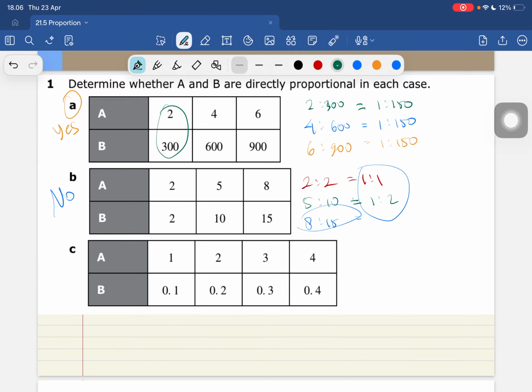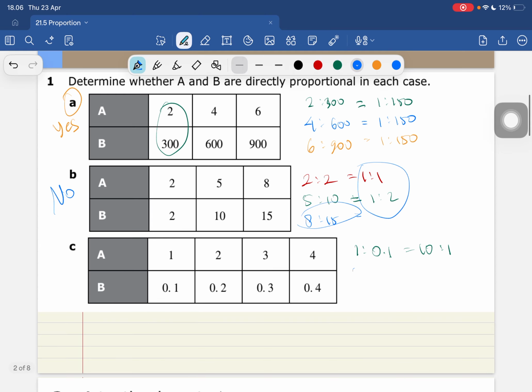Take a look at the ratio 1 to 0.1. We simplify it, it's going to be 10 to 1. Here also 2 to 0.2, we divide by 0.2 on both sides, so it's going to be 10 to 1.